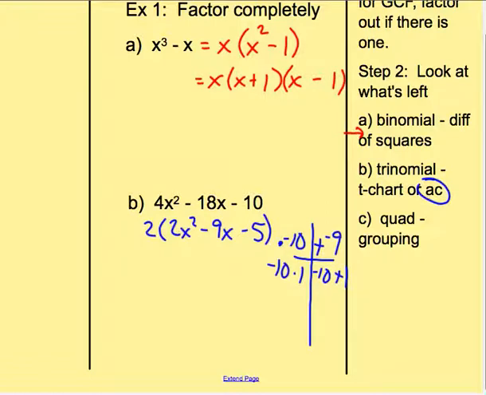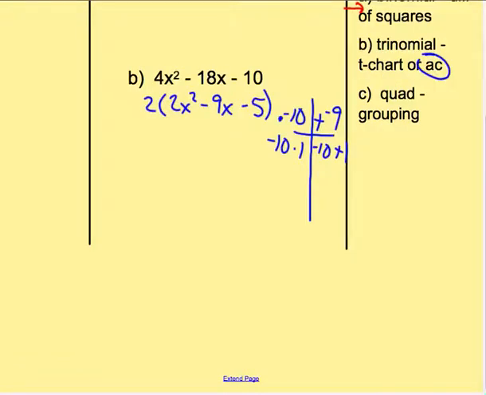All right, so I'm going to drop my GCF for a minute, just so my work is a little bit less confusing, and I'm just going to factor what's inside the parentheses. So remember, with the AC method, we rewrite that middle term with that pair of numbers we found. So negative 10x plus x equals that negative 9x that it just came from.